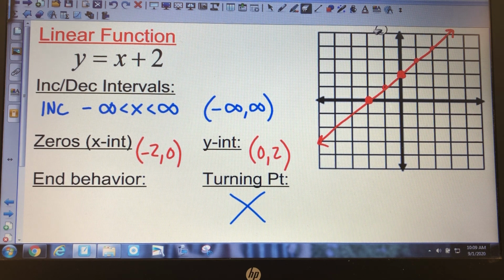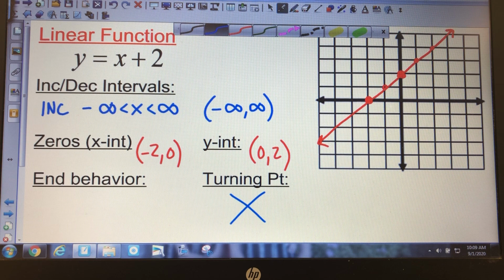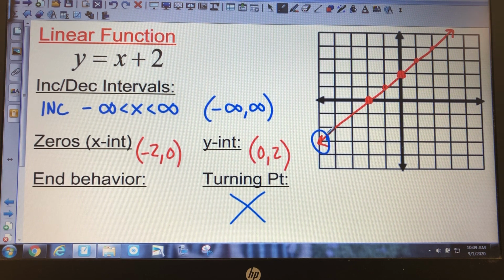Think of your end behavior as your arrows. Where is our graph going? So think of your x-axis. If we keep going to the left, we get to -infinity. Keep going to the right, +infinity. If we go down, we go to -infinity, eventually up top, +infinity.